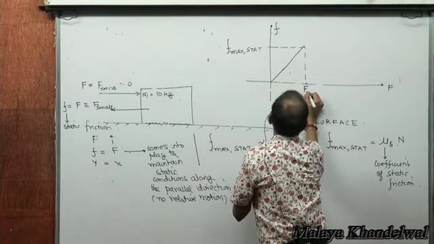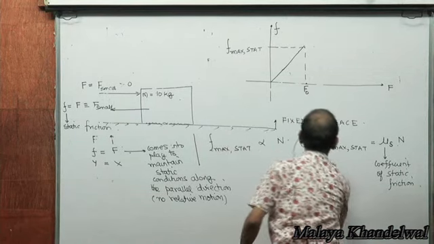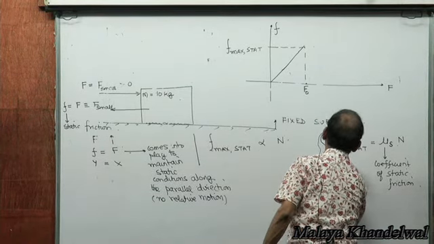And if relative motion starts, what happens to the value of friction? It becomes kinetic friction. Kinetic friction is given by mu k into N, right? And it has been found by experiment that mu k is less than mu s.